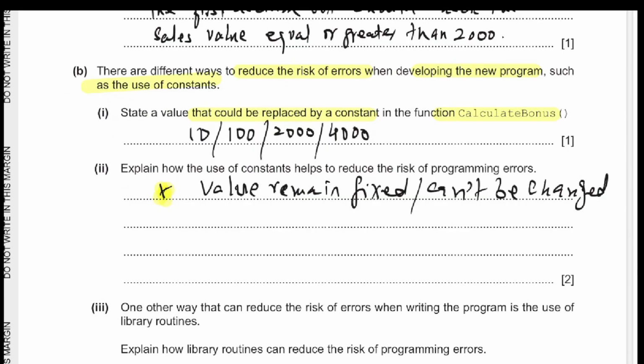The other one: it makes the program more clear and easy to understand.